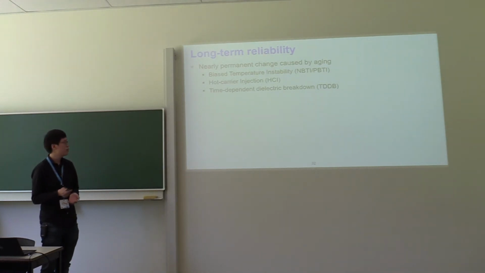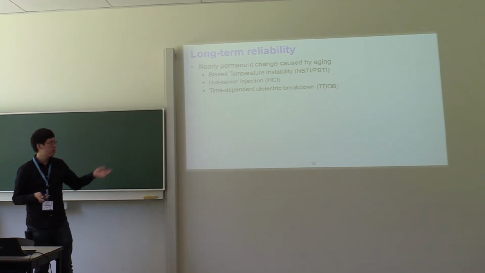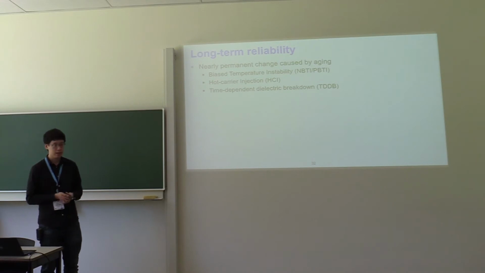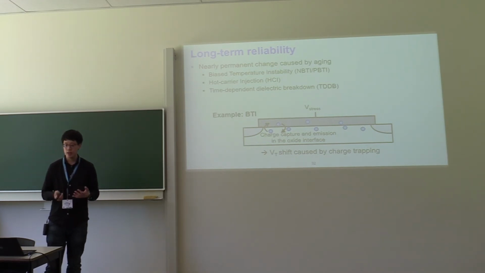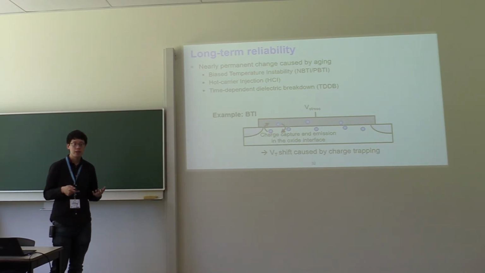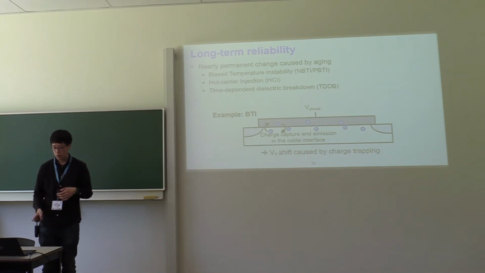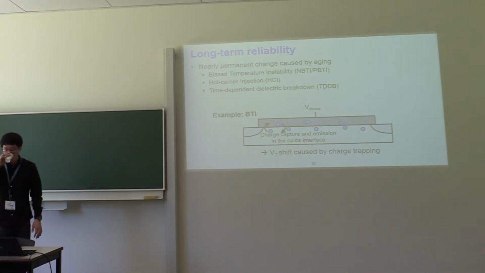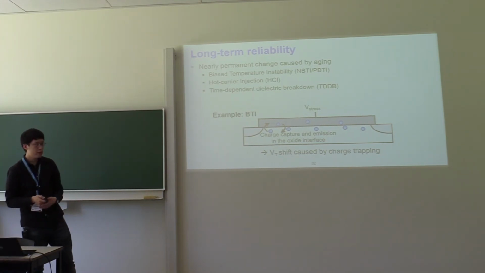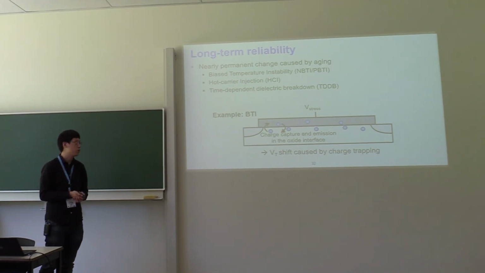In this case, it's typically more severe than the previous one, because it can permanently change the output of a path based on known aging mechanisms, such as BTI and hot carrier. Here is an example: you have a transistor, and if you apply a voltage stress on the transistor, you will excite the oxide traps, which will capture electrons or holes and change the threshold voltage of your transistor. If at a certain time you have too many traps in your transistor, you will change the threshold voltage, and then it might change your path outcome.